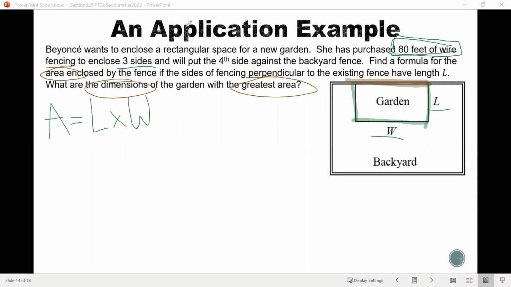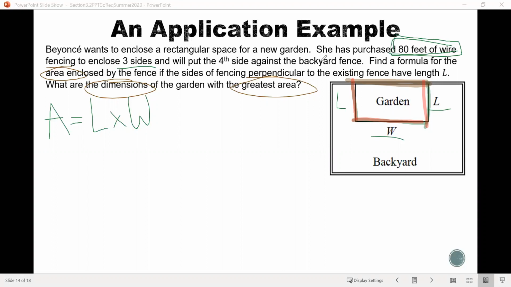And so if we think about what that means in the picture, it means that the length of this side plus this side plus this side will be 80 feet. So we can set up an equation from that. First of all, we'll note that this first side here is also L, since it's the same as the side across from it.